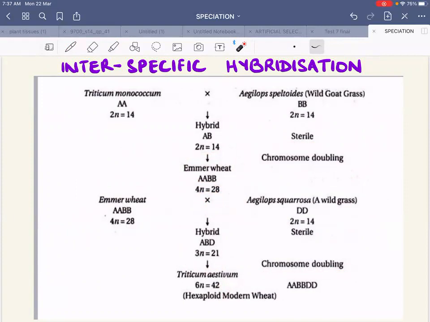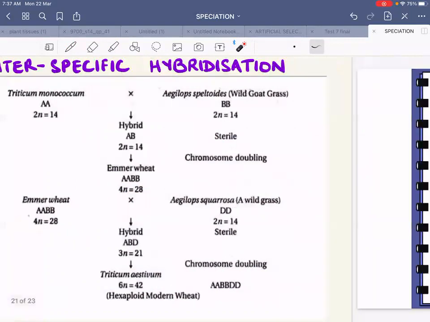So this is an example of speciation which is the result of interspecific hybridization, meaning the hybridization between plants belonging to two different species. So this is also an example of speciation, but an example of what? Interspecific hybridization, right?